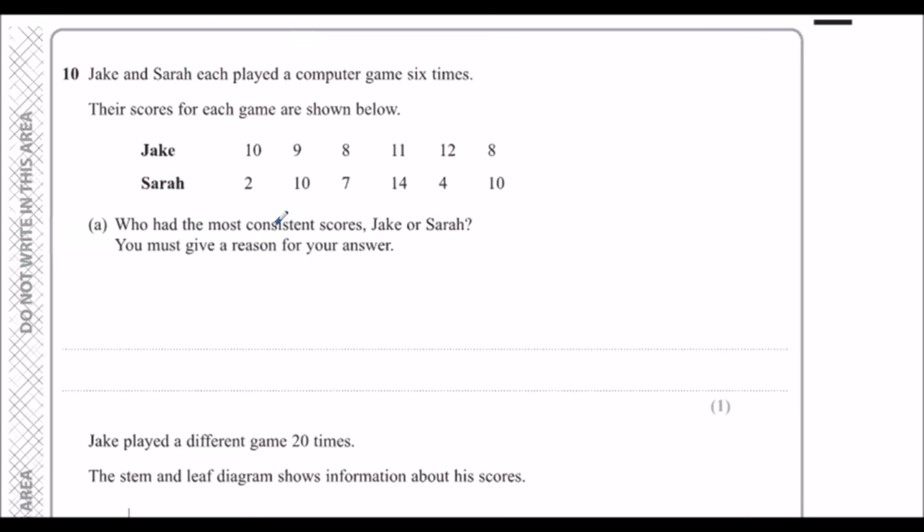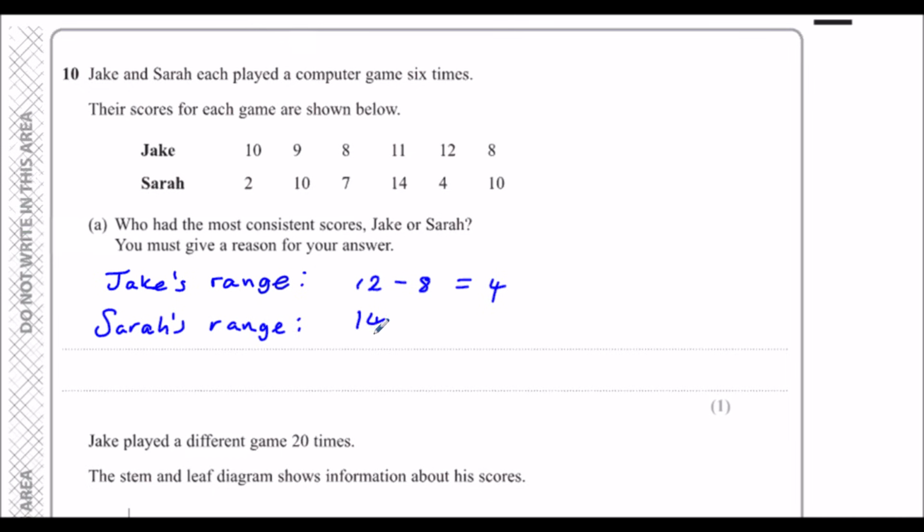So let's say the range of Jake's range. And the range is the biggest, take away the smallest. So 12, take away 8 for Jake, which is 4. And Sarah's range, her biggest score was 14, and the smallest was 2, so she's got a range of 12.